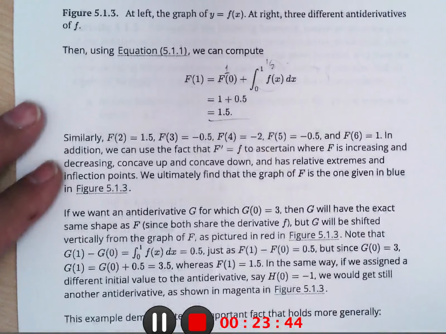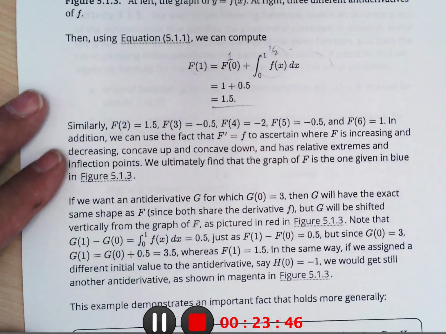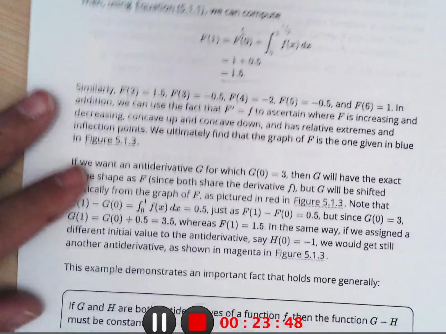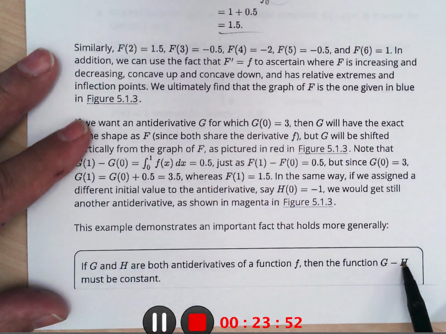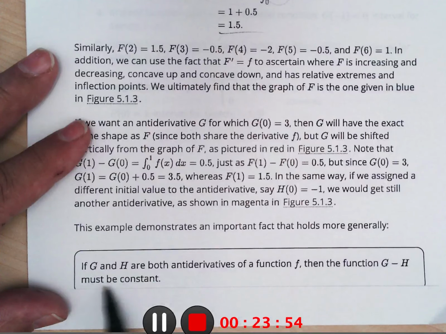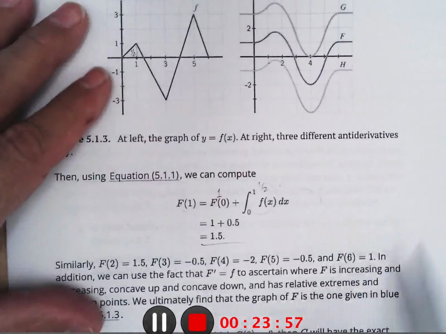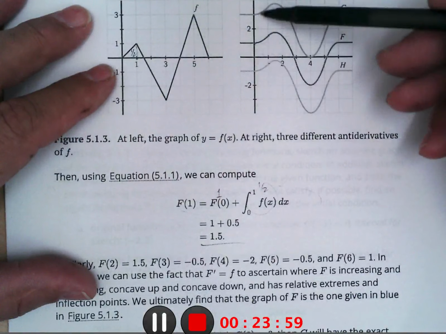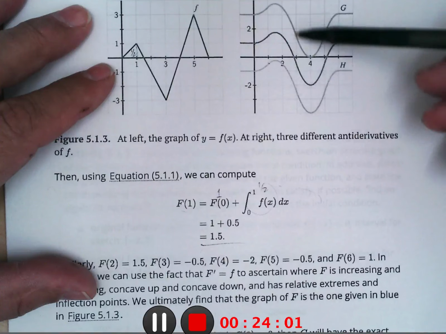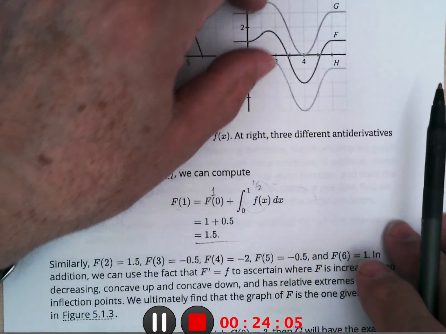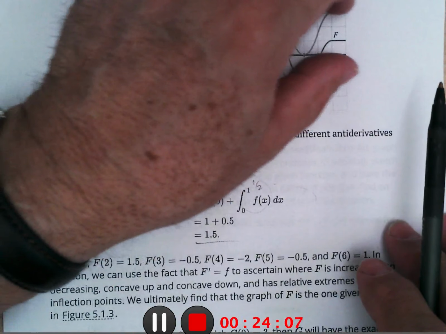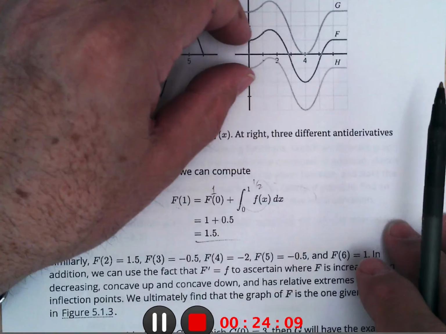Then it should not surprise you that g minus h will be a constant. The difference in the heights of g and h will always be the same amount.